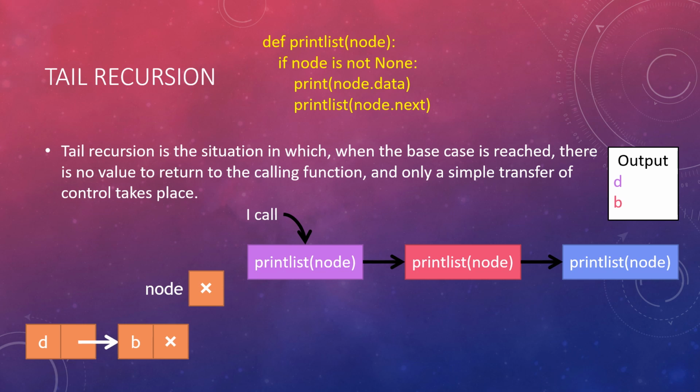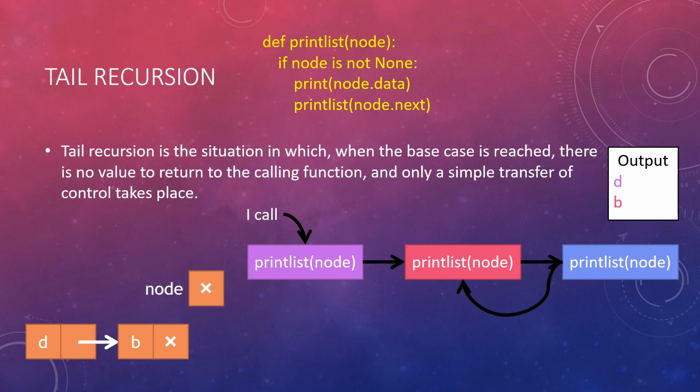Actually, the last instance has no statements to execute, so it transfers control to the print list function that called it. Now, the print list function in pink had left off execution at the very last line.